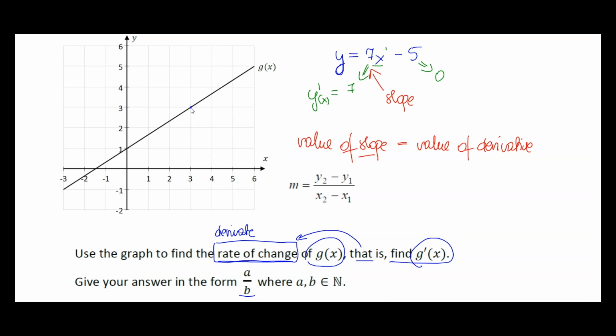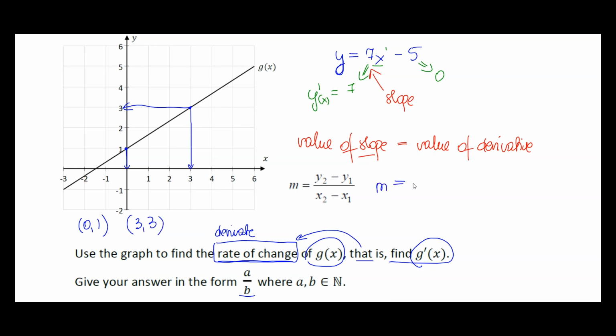So for example, I can see that this point is well readable, that is 3 and 3. And then another point, this one here, that will be 1 and 0. So 1 for x and 0 for y, and then the other one 3 and 3. Let's say that's the point we can pick.